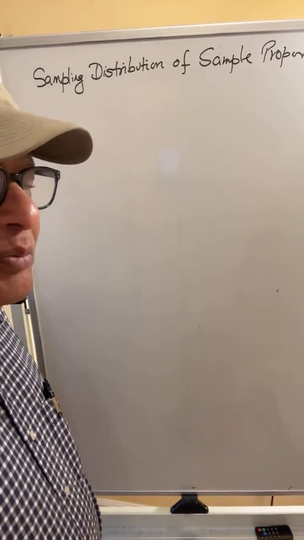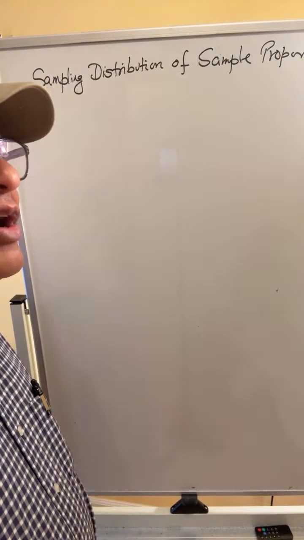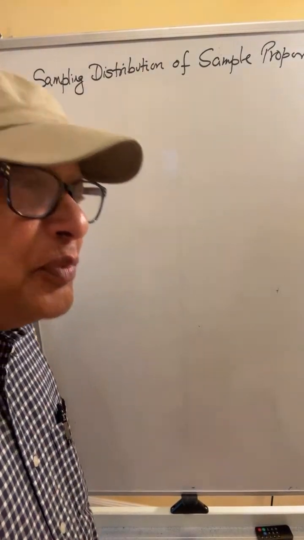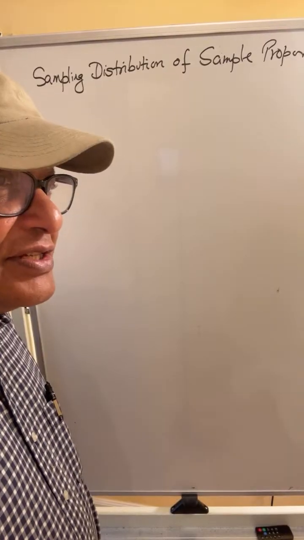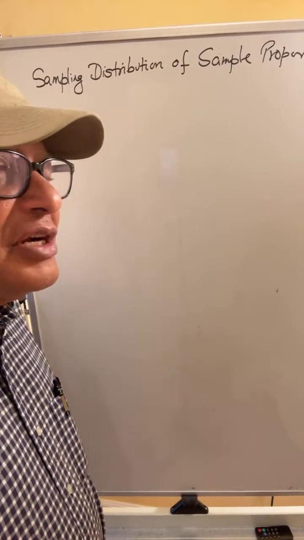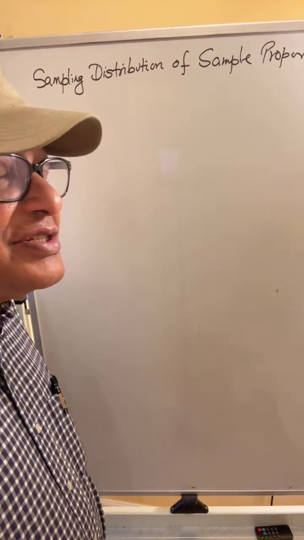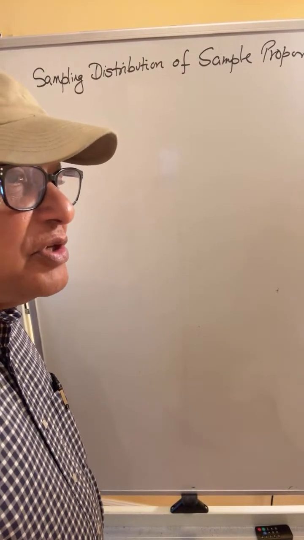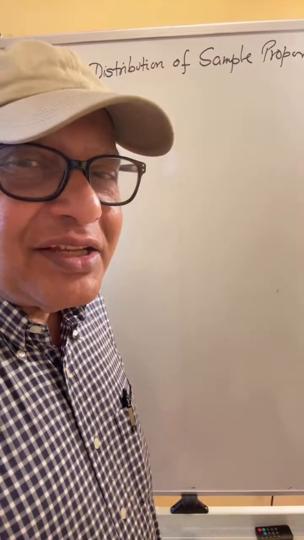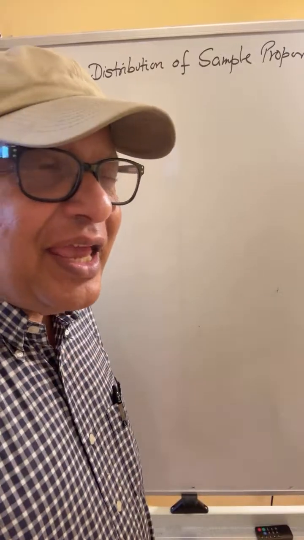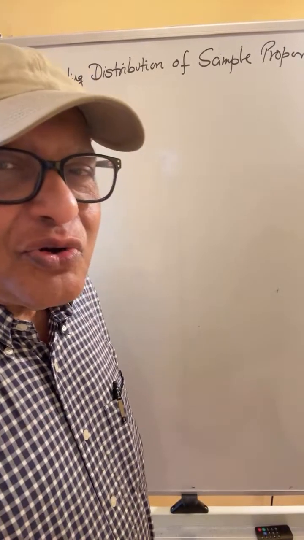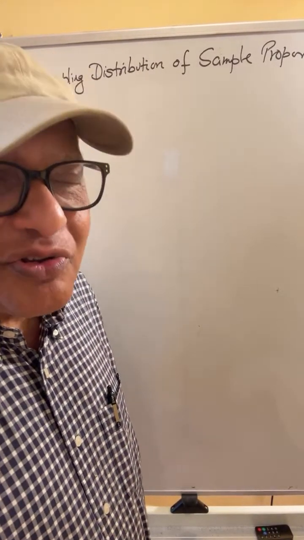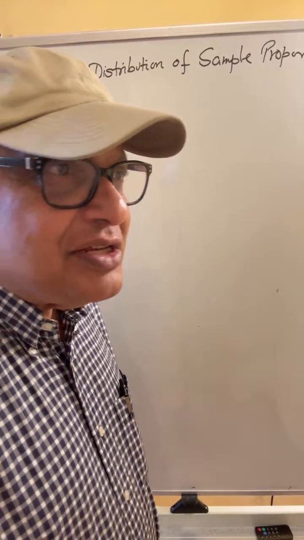I'll give you an example. For example, if I want to find out what proportion of students at a particular college which has 10,000 students have laptop computers, I have no way, the time and the energy and the money to contact all the 10,000 students. So, what will I do?